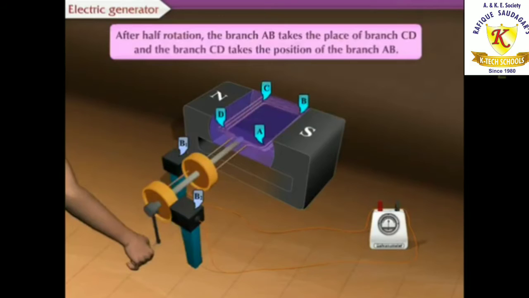After half rotation, the branch AB takes the place of branch CD and the branch CD takes the position of branch AB.